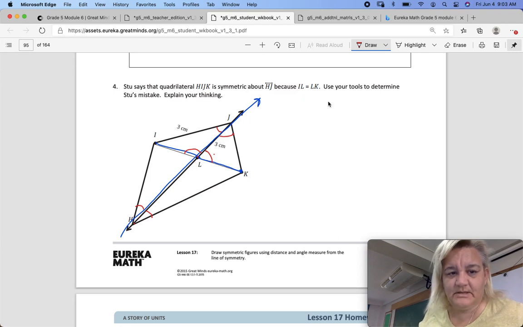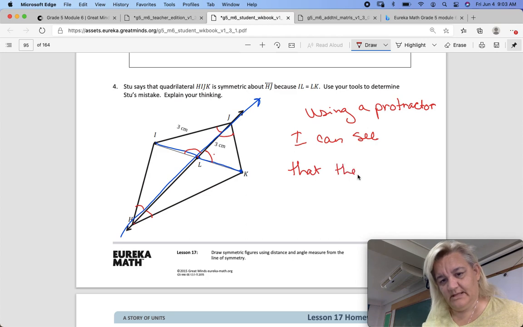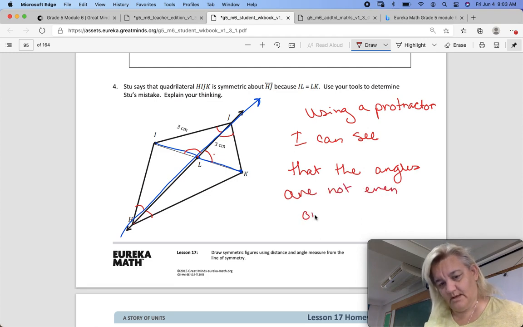So, explain your thinking using a protractor. I can see that the angles are not even on both sides.